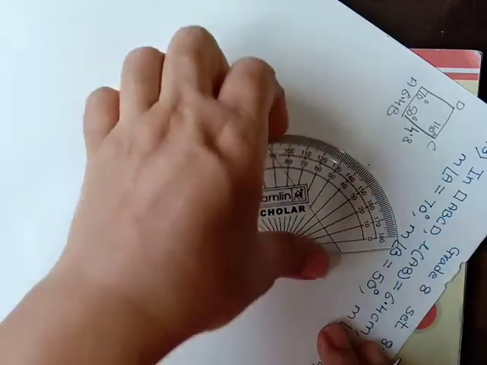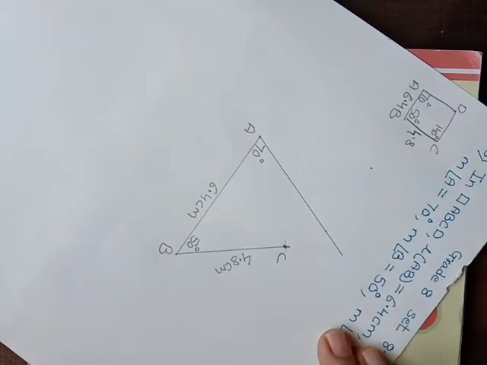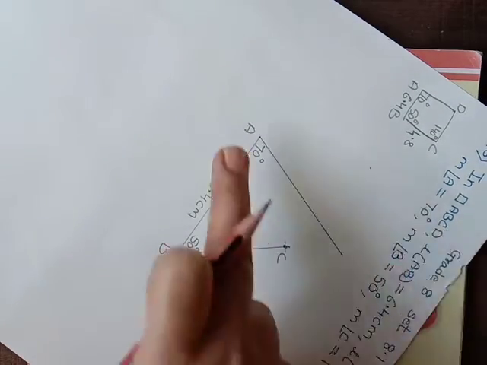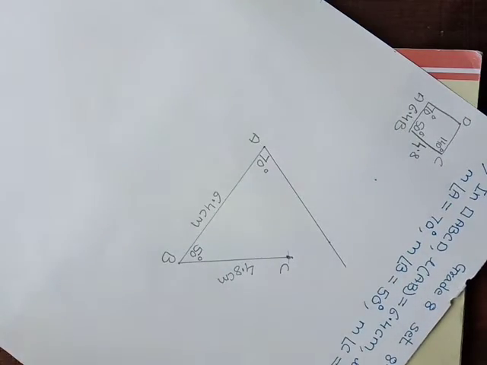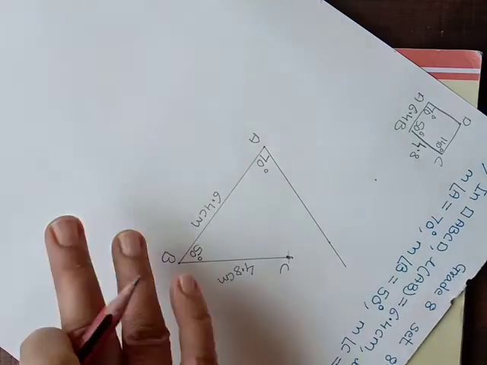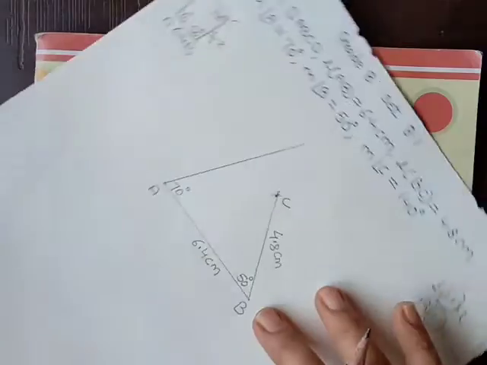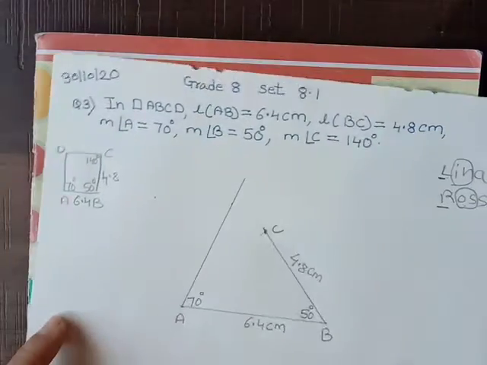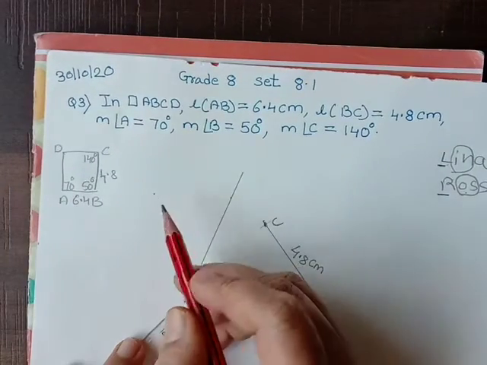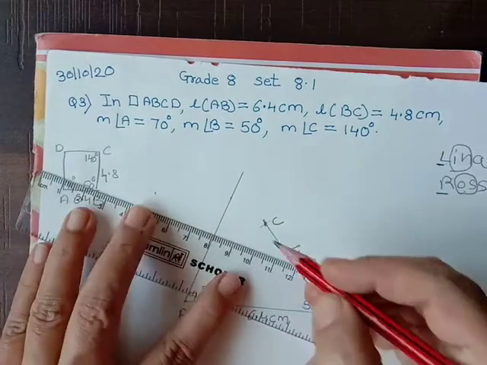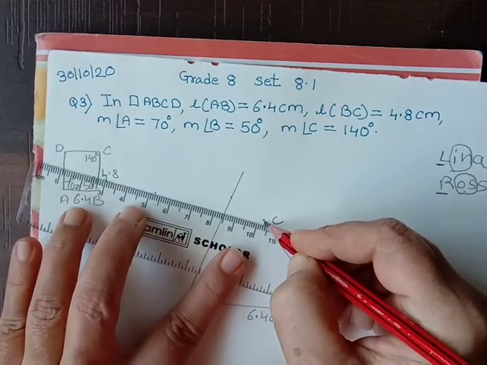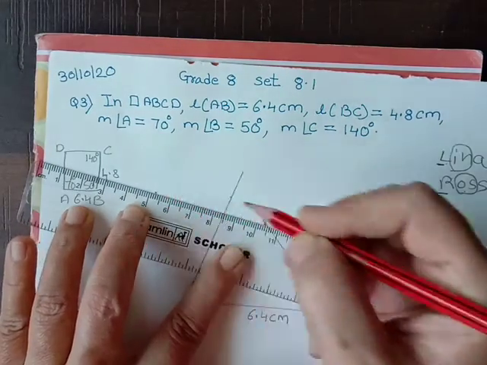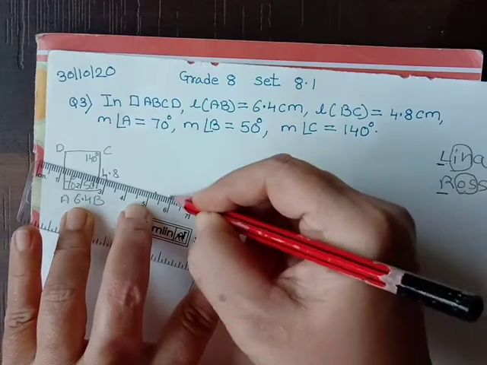Now you can join point C with this point. Somewhere it will cut this line. Wherever it is cutting that line, that will be your point D. You have got this point, students. From C to this, I am going to join it.